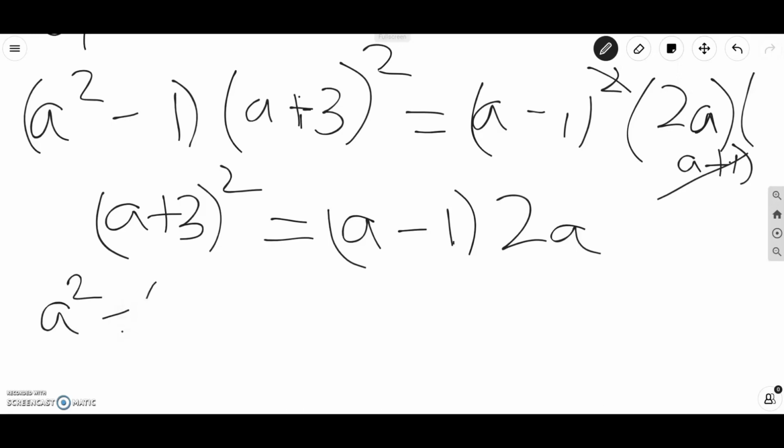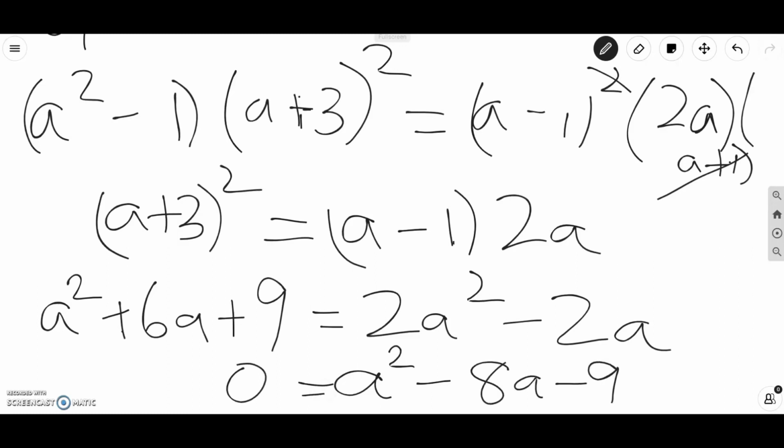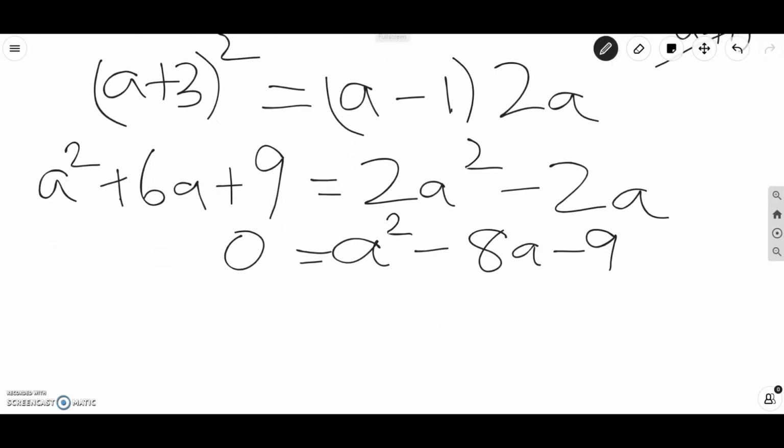So a squared plus 6a plus 9 equals 2a squared minus 2a. And bringing everything to the right-hand side yields a squared minus 8a minus 9 equals 0. And looking for the positive root, we have that a is going to equal 9.